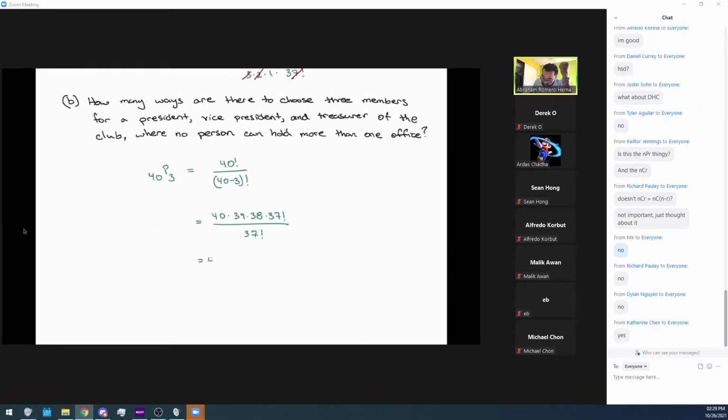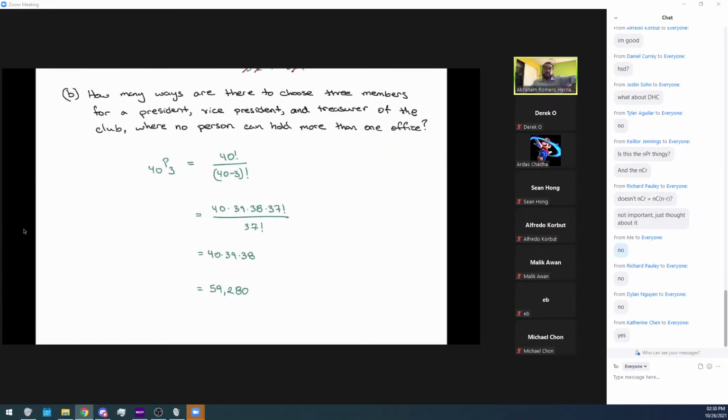But in the end, that's the same thing as saying 40 times 39 times 38, which is 59,280. Notice that's way more than a combination. And it makes sense, it should be more than the combination because order matters there. If order didn't matter, then that number should have been smaller. But any questions on this?